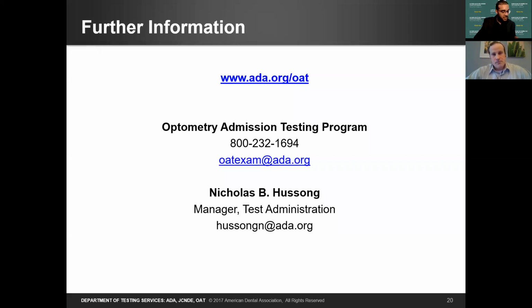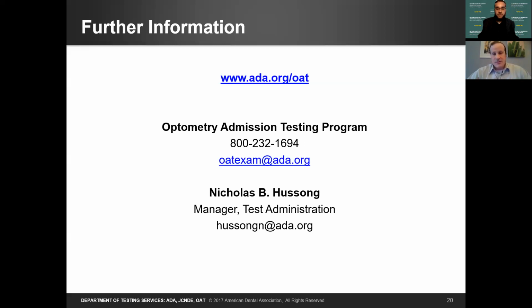Could you speak to the relationship between the Association of Schools and Colleges of Optometry and the ADA? Yes, so ASCO, the Association of Schools and Colleges of Optometry, is the governing body of the Optometry Admission Test. The Department of Testing Services within the American Dental Association is a shared service. We do work for a number of different organizations. There's the Joint Commission on National Dental Examinations, which oversees the national board exams for dentistry.